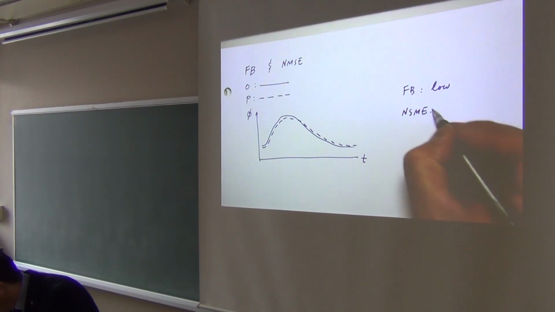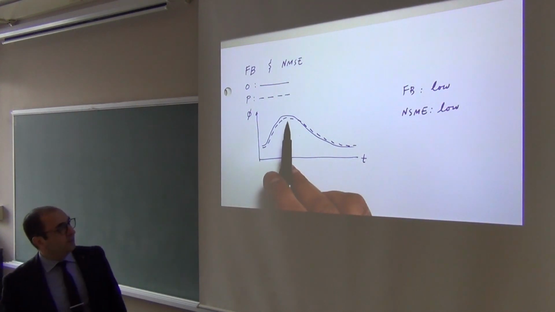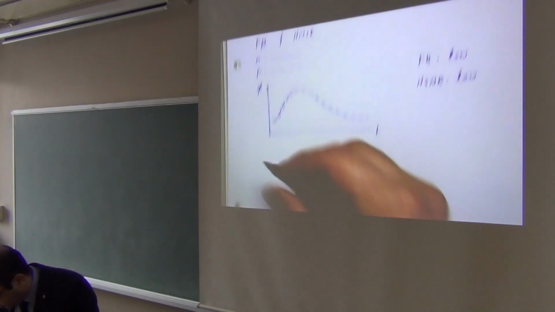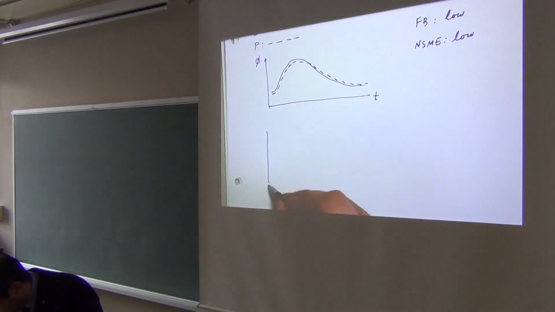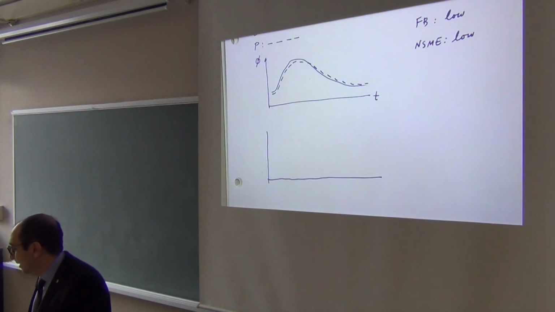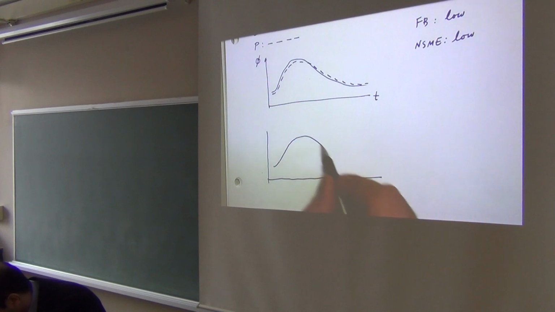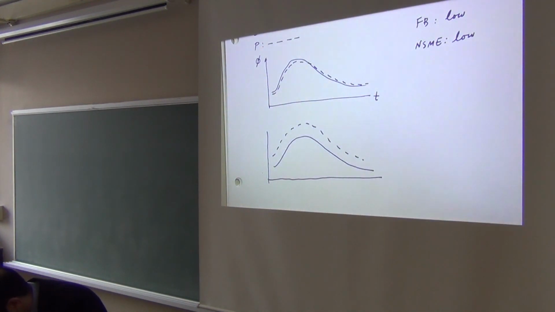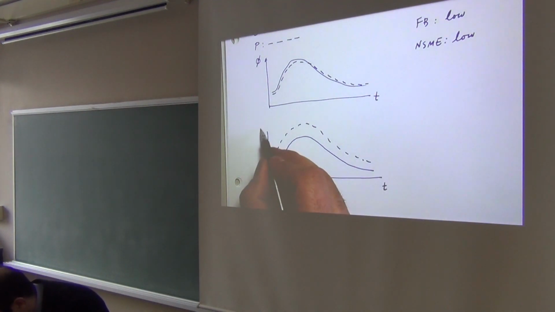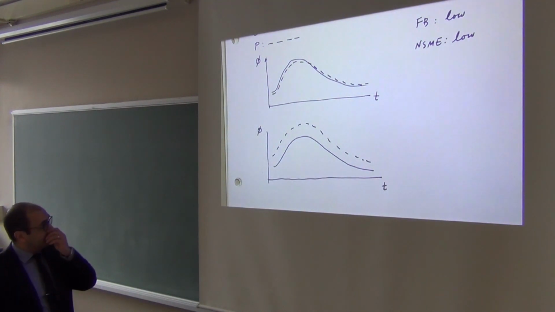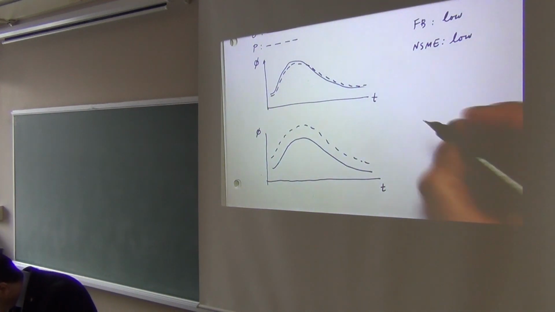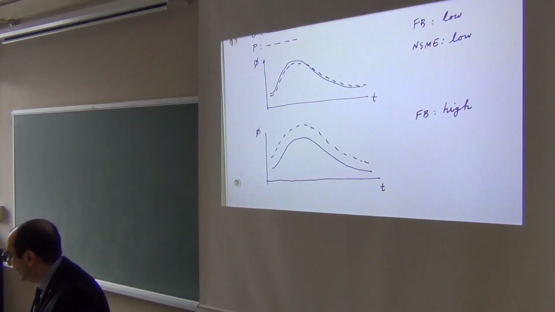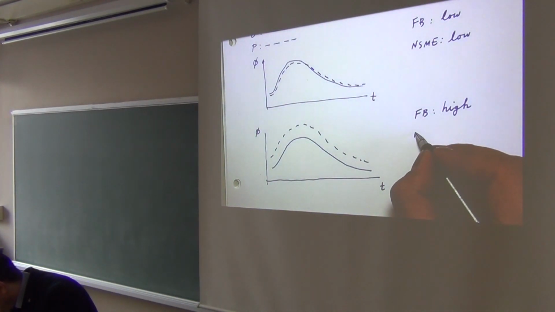NMSE should also be low, because there is no systematic shift between the two, and there is no scatter between the two either. But suppose I build another model, and this time the model gives me this. It's capturing the trend, but it's shifted. So if I calculate the fractional bias, this time it's going to be high.